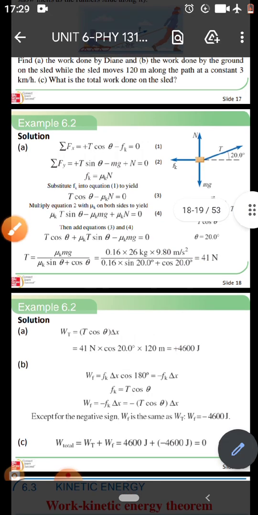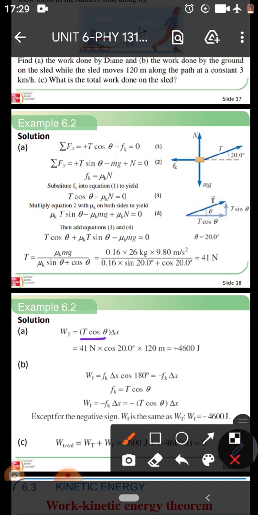That's why we have this along the x direction, the displacement along the x direction, and we have worked out the tension here, which is 41 Newton, and then the angle is 20 degrees, and then remember the displacement, which is 120 meters. So this is the work done due to the tension caused by Diane pulling the rope.